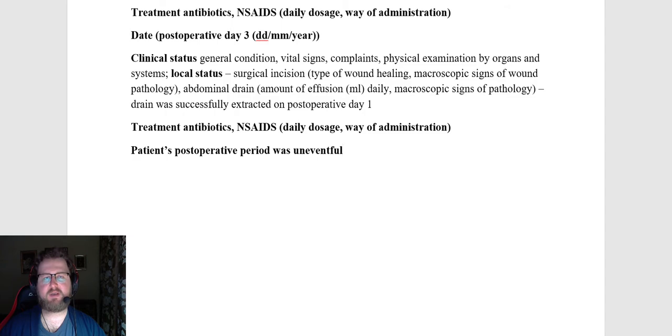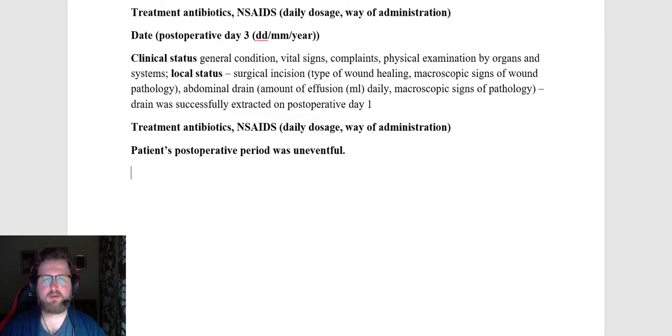It means that he didn't have any postoperative complications or some other health problems which might not be directly related to surgery. It means generally that he's alright, he's doing well, and he has no further need for staying in hospital.